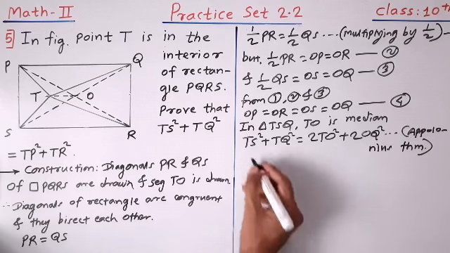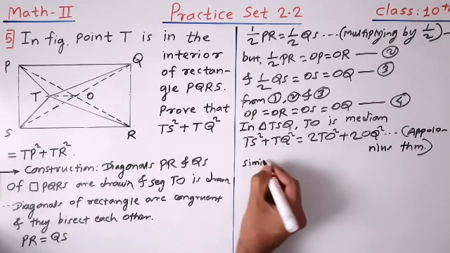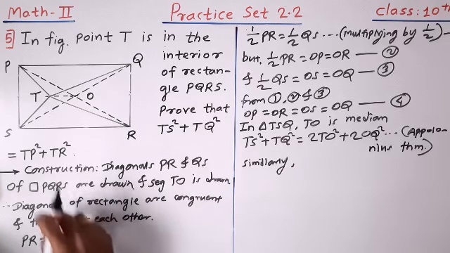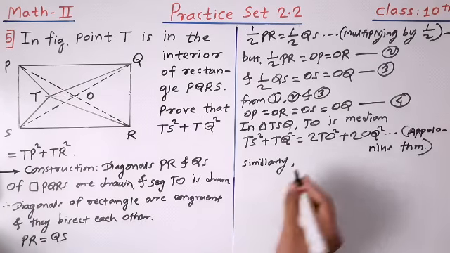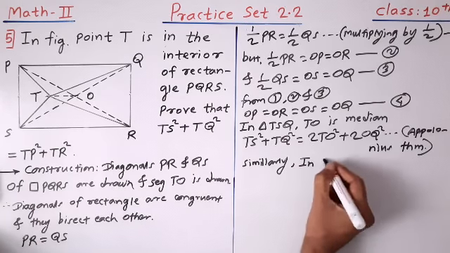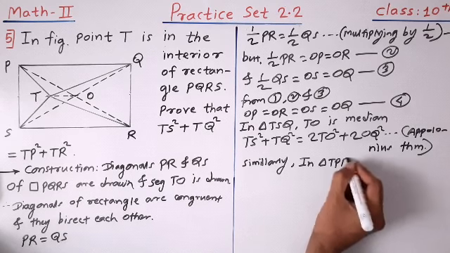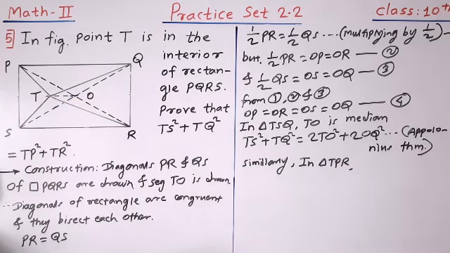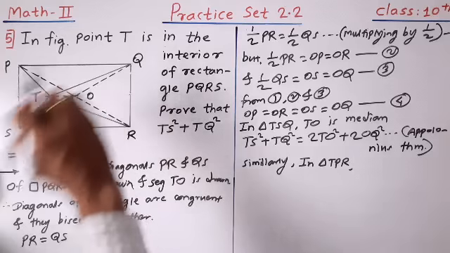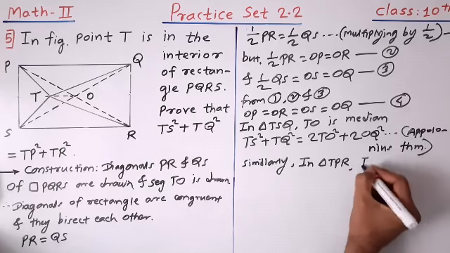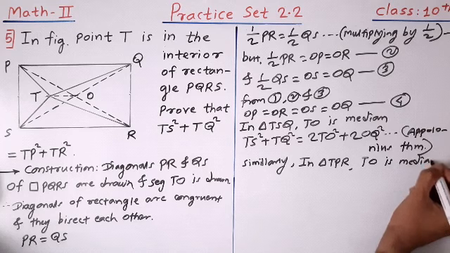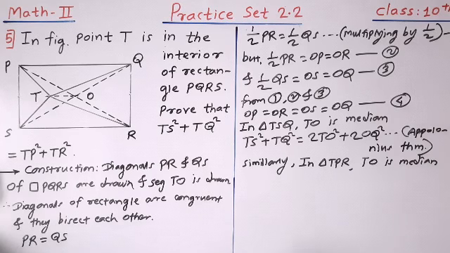Now, similarly, in triangle TPR, see the triangle. In triangle TPR, same, TO is the median, which is the baseline for applying Apollonius again.